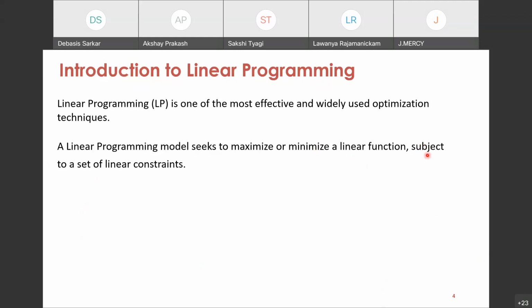A linear programming model basically seeks to maximize or minimize a linear objective function subject to a set of linear constraints. Yesterday we briefly talked about how to classify different optimization problems.